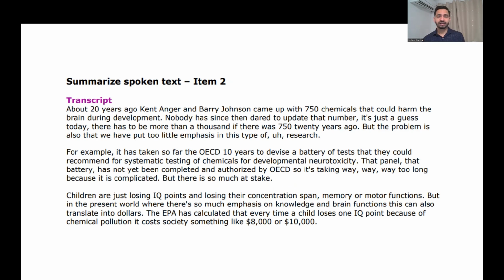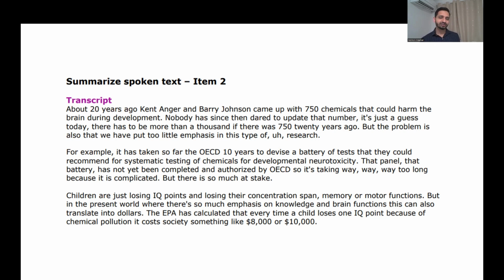About 20 years ago, Ken and Barry Johnson came up with 750 chemicals that could harm the brain during development. Nobody had since then dared to update that number. It's just a guess today. There has to be more than 1,000 if there was 750 20 years ago. But the problem is also that we have put too little emphasis in this type of research.